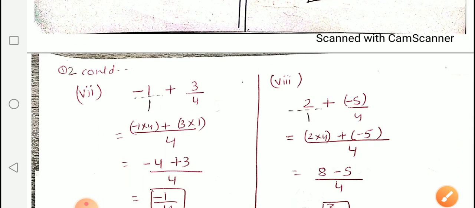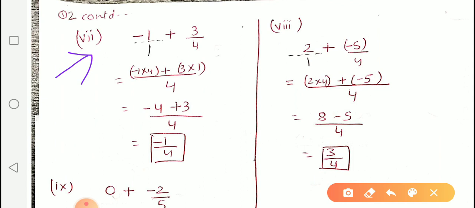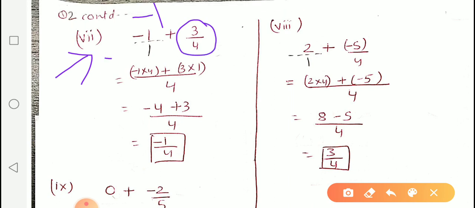Now here the question number 2, 7 part. In this the question is -1 plus 3 by 4. Here we have written 1 as a denominator, because -1 is equal to -1 upon 1. Both are the same thing. Again here when we are adding, denominators are different. So we will take out the LCM and because these two numbers are co-prime, the LCM of these two numbers is their multiplication, that is 4.